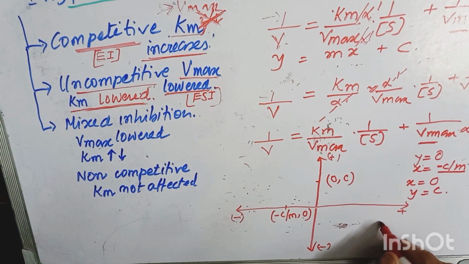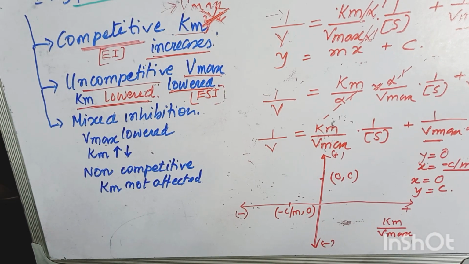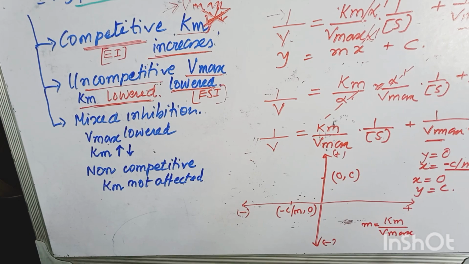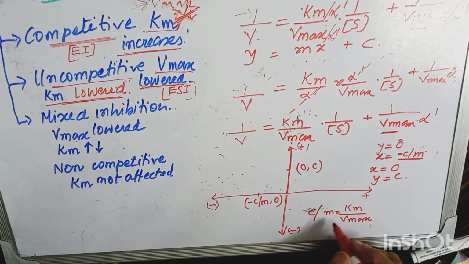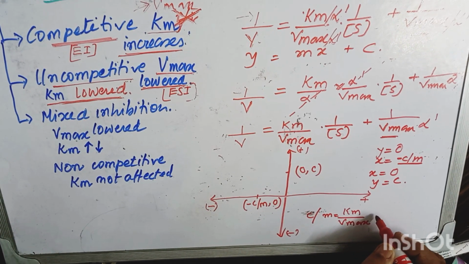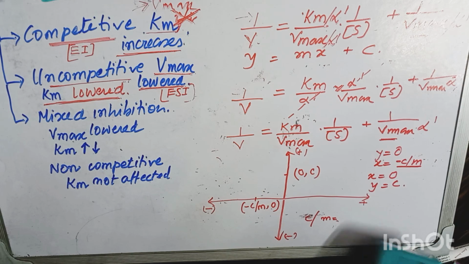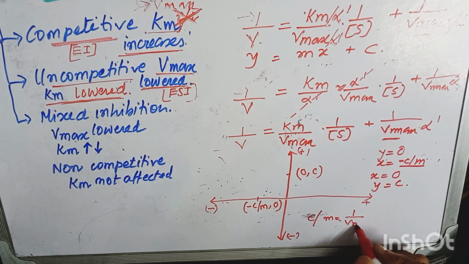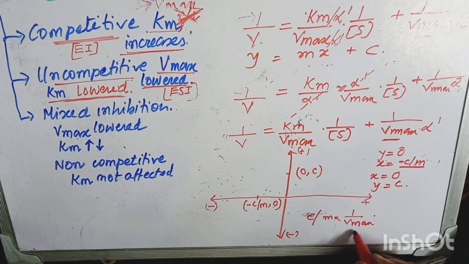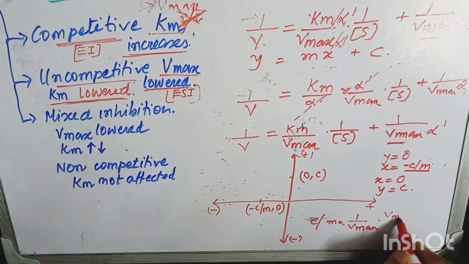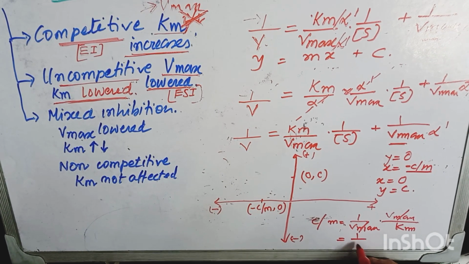C by m is 1 by v max divided by km by v max, the v max cancels, and it is 1 by km.